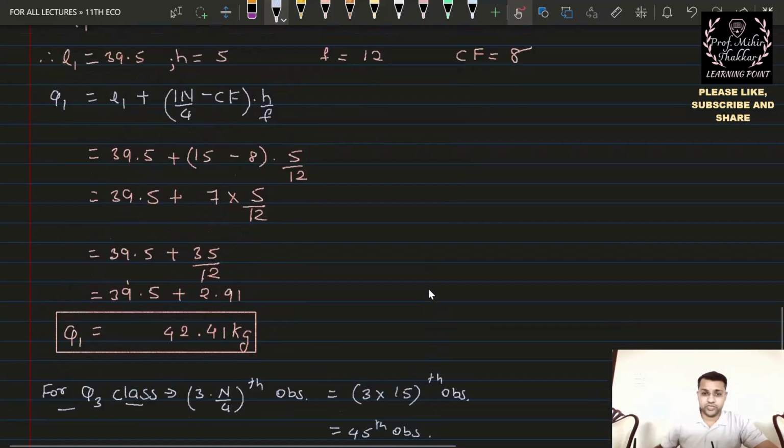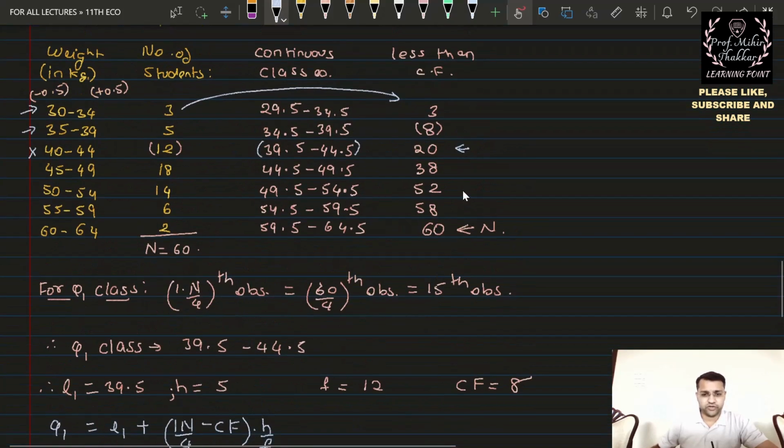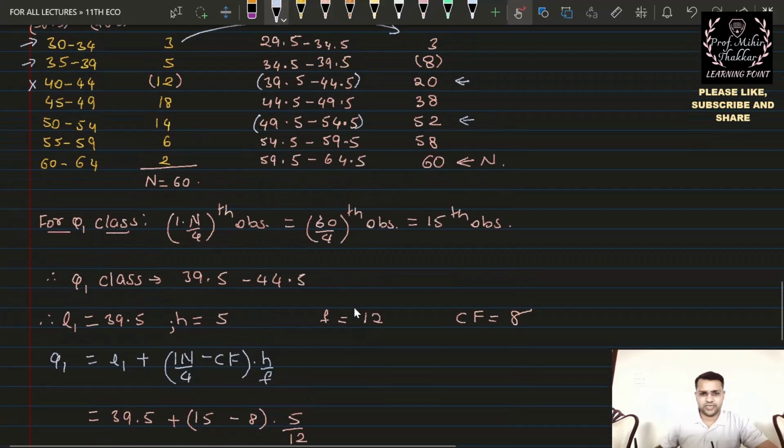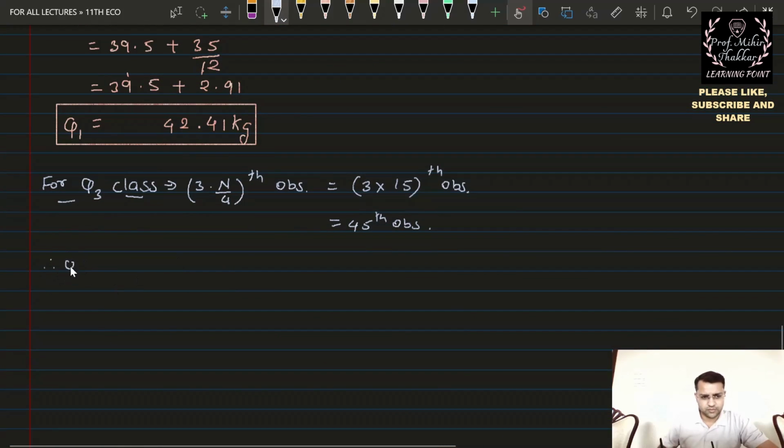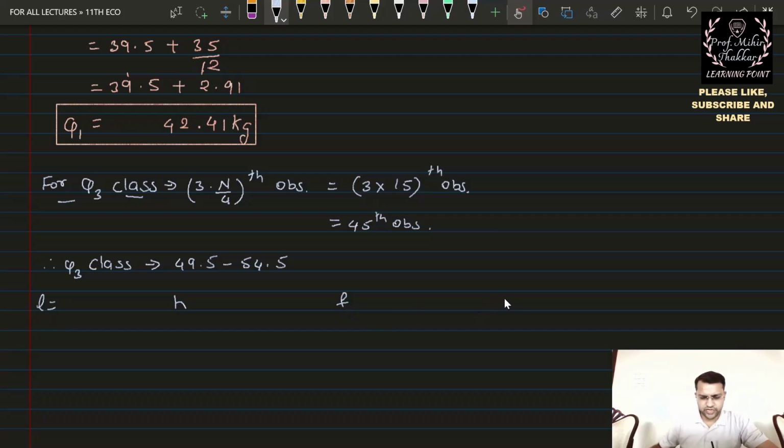So now search for the cumulative frequency which is just greater than 45. I can see it is 52, and therefore the corresponding continuous class is your Q3 class. So I can see it is 49.5 to 54.5. So right over here the Q3 class is 49.5 to 54.5. Now get all the required information L1, H, F and CF.